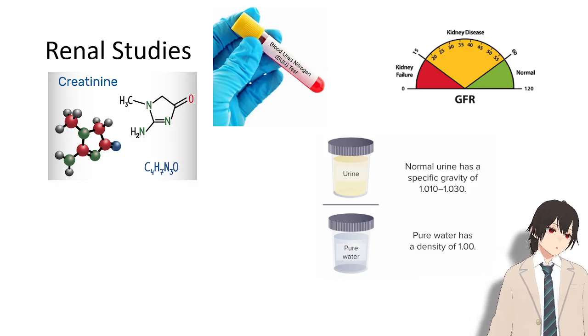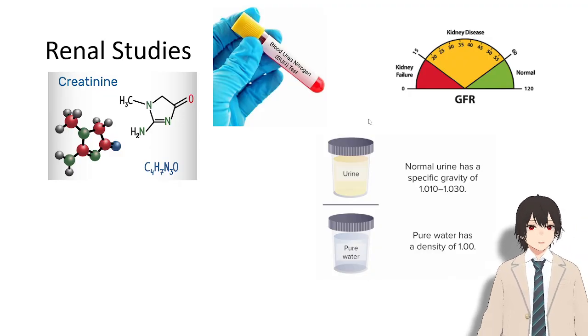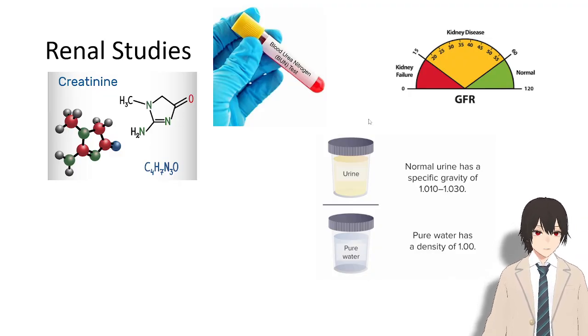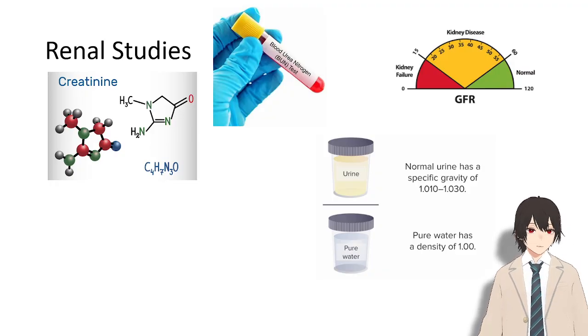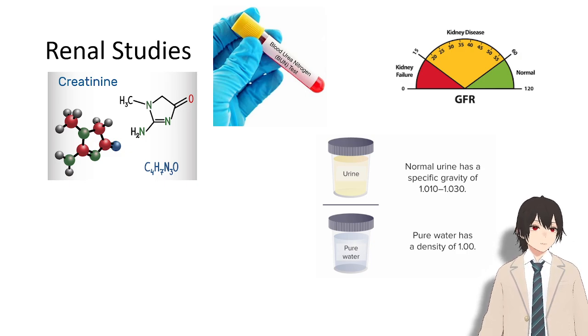Because pure water has the density of 1.0 flat, so urine just has a little bit more than pure water. And if it's on that 1.01 side, it's less dense. There's less solutes, so it's generally more clear, more diluted, basically.